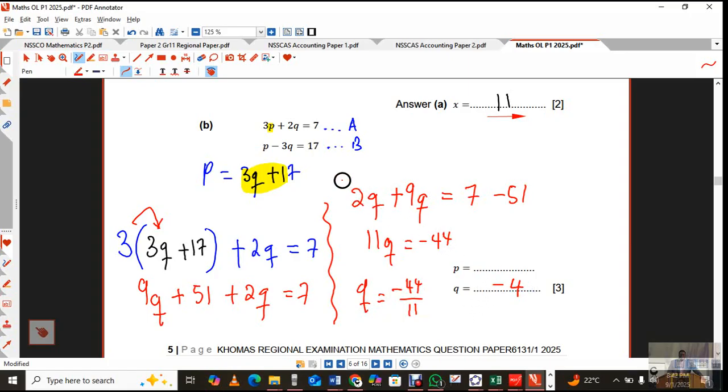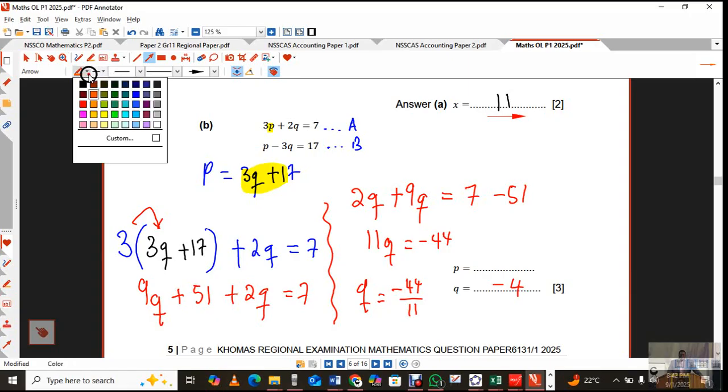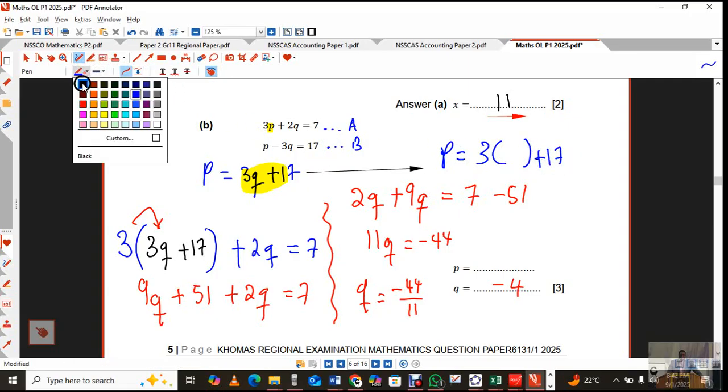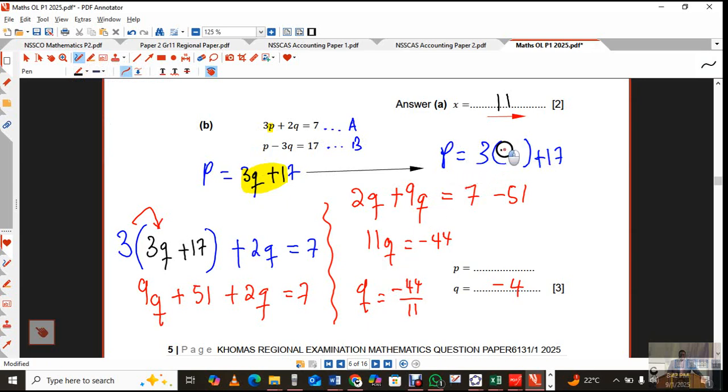So what is the value of P? We're going to use this equation, because in that equation we know what P is. P is equal to 3 times our Q value plus 17. Our Q is negative 4.